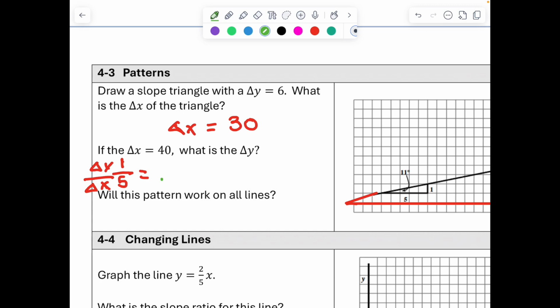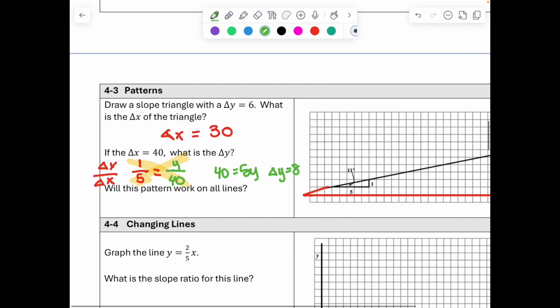So I might just set that equal to whatever the change in y is over my change in x, 40. And then I could just cross multiply to figure out what the change in y is. So we would have 40 equals 5y. So divide by 5, the change in y would be 8.